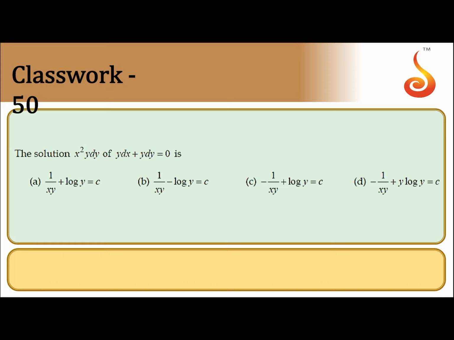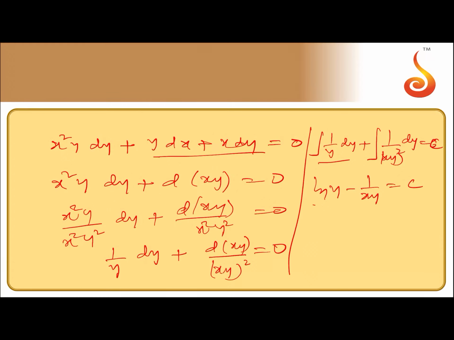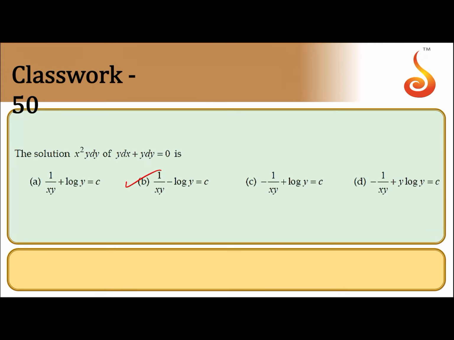So the answer is log y minus 1 by xy plus c, option B. If you change the sign, 1 by xy minus log y is equal to c dash. Something like this you can also write, so this option is also right. Both answers are correct, but I think there might be a mistake here.